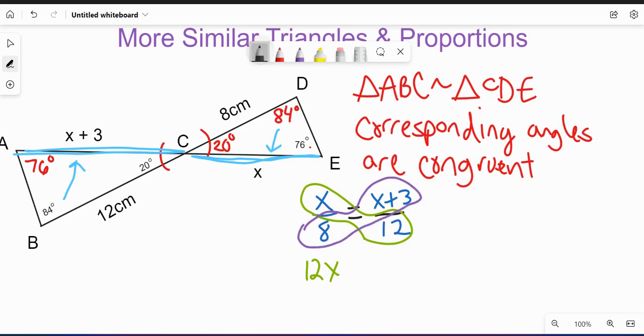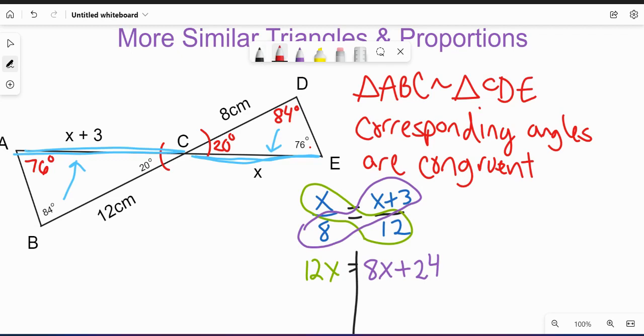You have to be careful because you're multiplying both the 8 by the x and by the 3. So you're basically distributing. So 8x plus 24. All right, now we solve this.